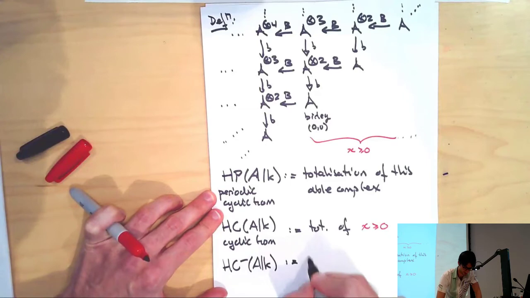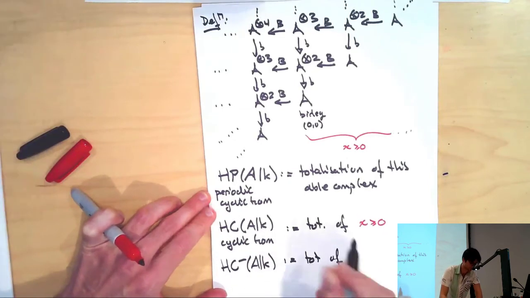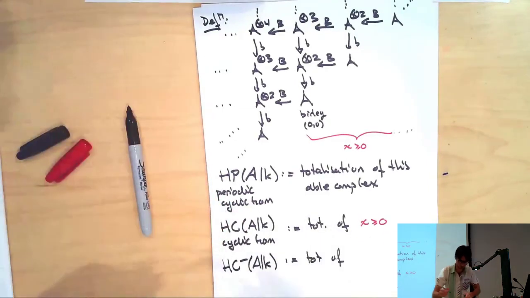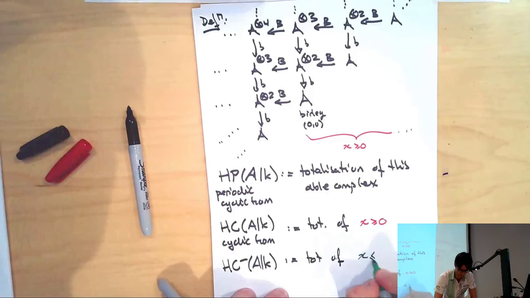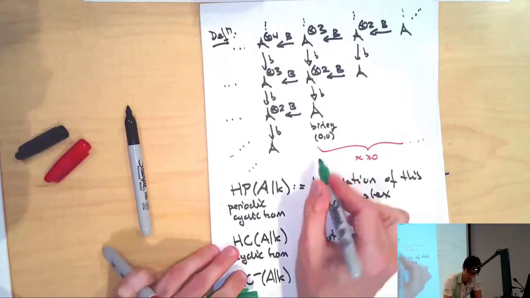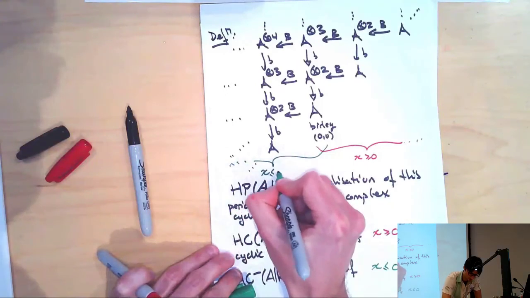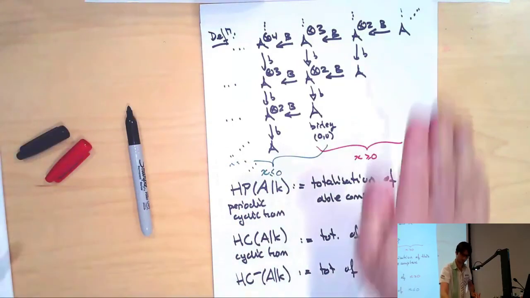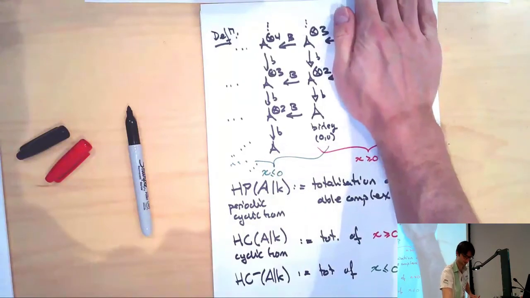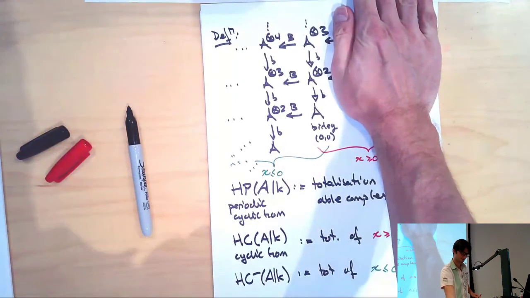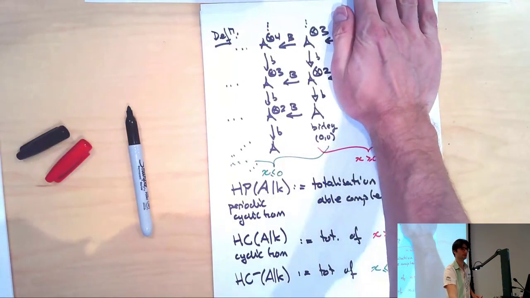And then what's left, I can also totalize, better change color, the x less than or equal to 0 part. Again, I pretend that I hadn't drawn anything in the right half plane, so now I just have a left half plane bicomplex.